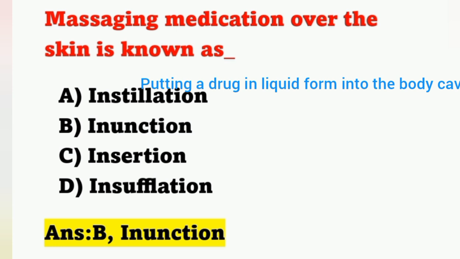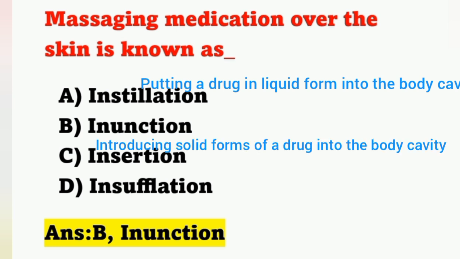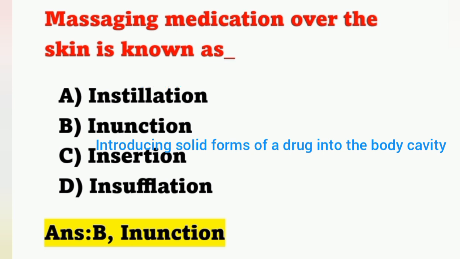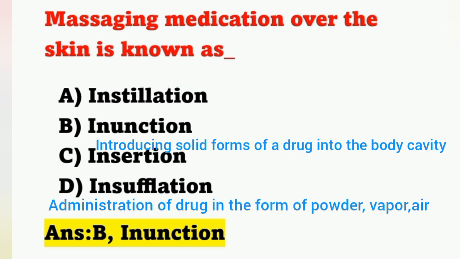Option A, instillation, means putting a drug in liquid form into a body cavity, for example eye drops and ear drops. Option C, insertion, means introducing a solid form of drug into a body cavity, for example suppositories.